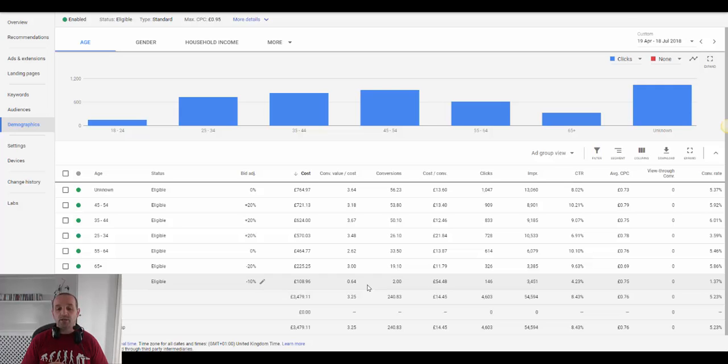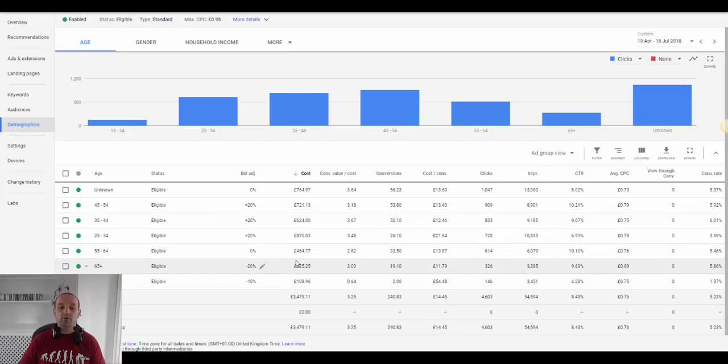So the reason that overall this is 3.25 to 1, or my cost per conversion is £14.45 for this whole ad group, is not related to the ages in it. So what we're looking to do is just say, well, how do they compare against one another? What's my average for the group?